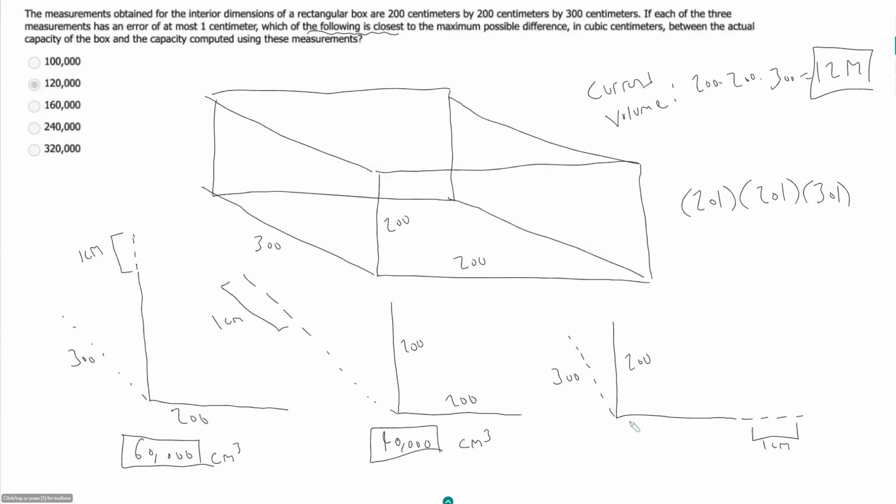So this is just going to be another 60,000 cubic centimeters in volume added. So in total, I roughly just added 60,000 plus another 40,000 plus another 60,000, which is 160,000.